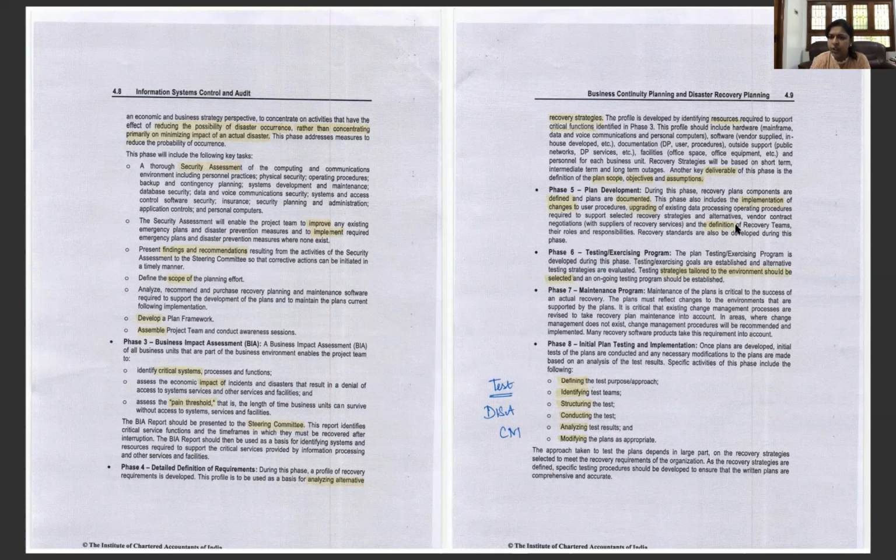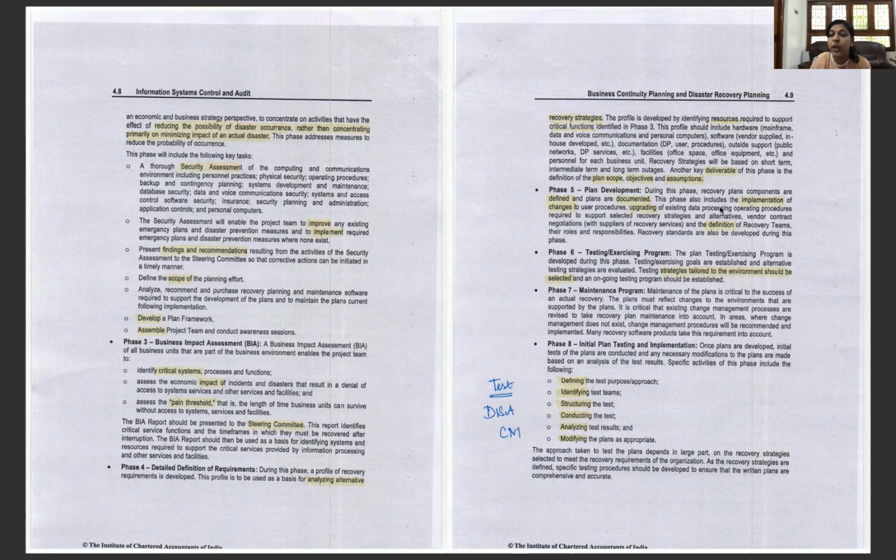And definition of recovery teams, their roles and responsibilities. And here we also have the recovery standards developed during this phase. So what are the key things? Here the recovery plan components are defined and documented.